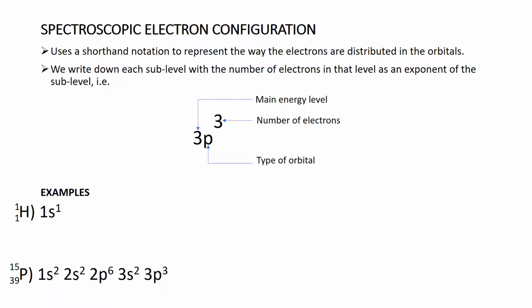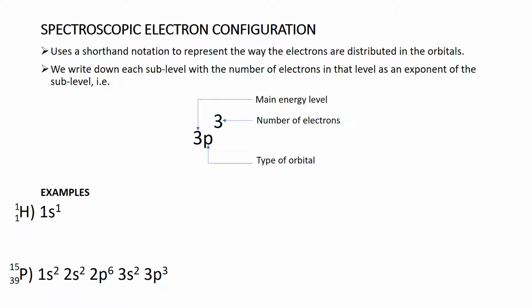So we're going to write its electron configuration as 1s¹. The 1 represents the main energy level, which is the first energy level. The s represents the type of orbital. Is it an s orbital or is it a p orbital? In this case, it is an s orbital. Then the 1 in the exponent represents the number of electrons, which is just 1 for a hydrogen atom.